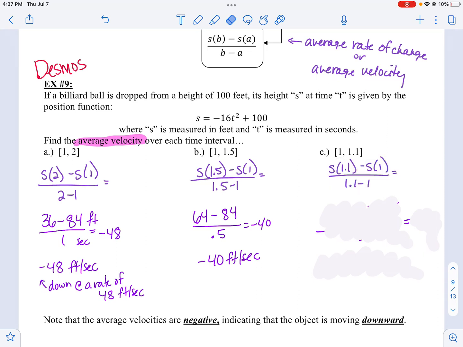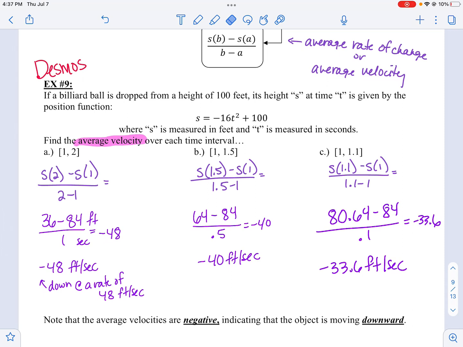What if I move it closer, between 1 and 1.1 seconds? You can see that the ball is now falling at a rate of 33.6 feet per second. Between 1 and 1.1 seconds, it's falling on average at about 33.6 feet per second.